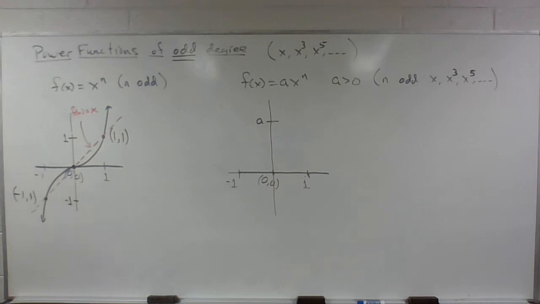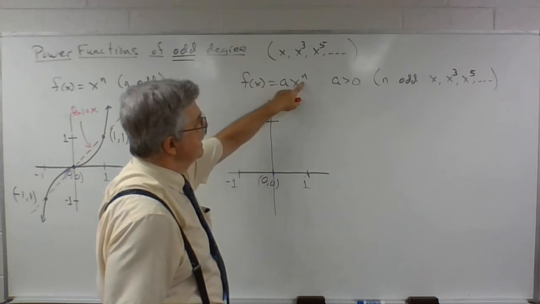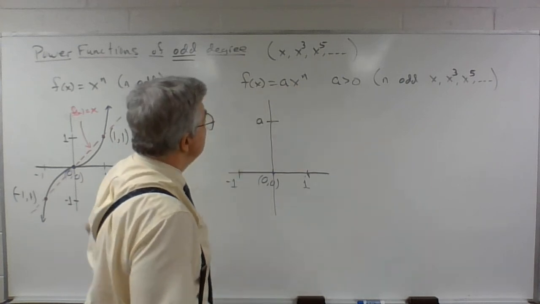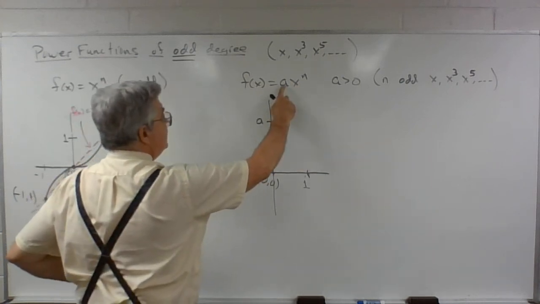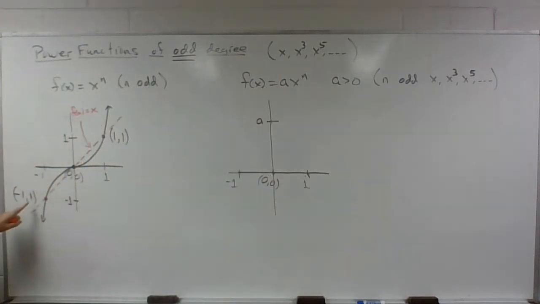Now we're going to modify this slightly. f of x equals ax to the n, where a is positive. So all this does is stretch things out vertically. We take the y coordinate of each point on the original graph and stretch it by a factor of a.